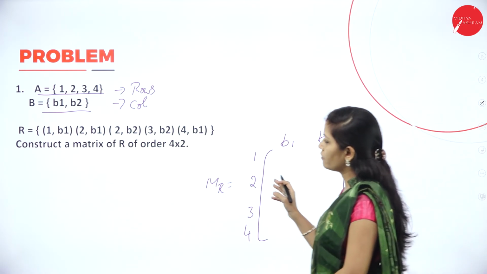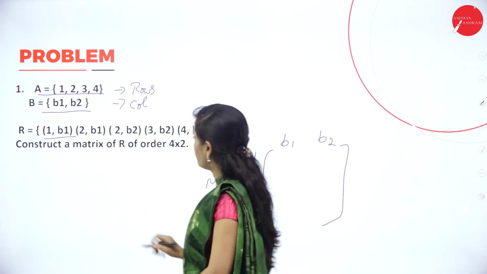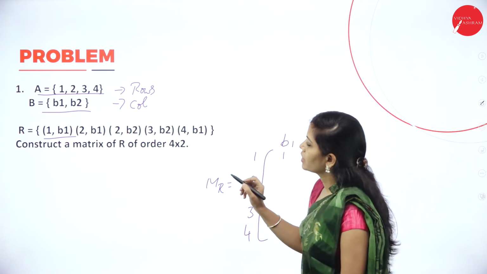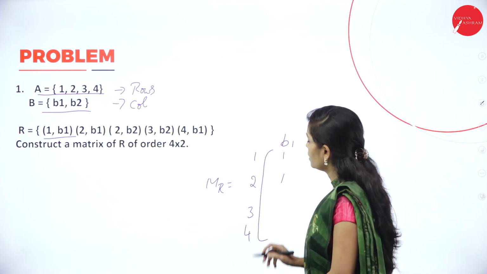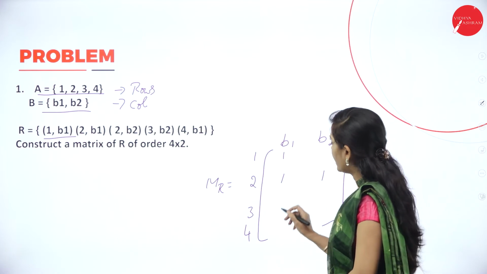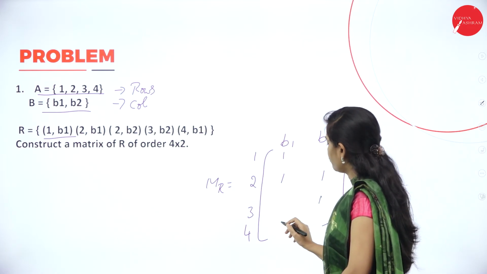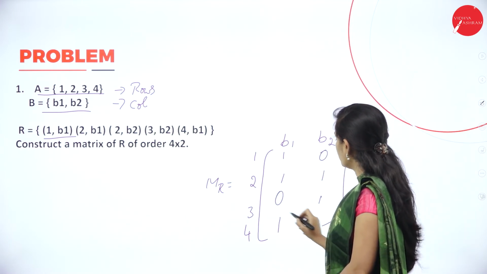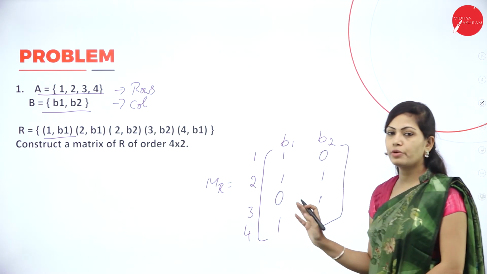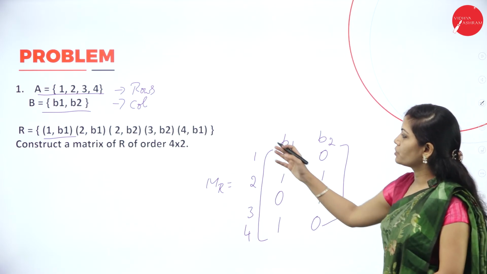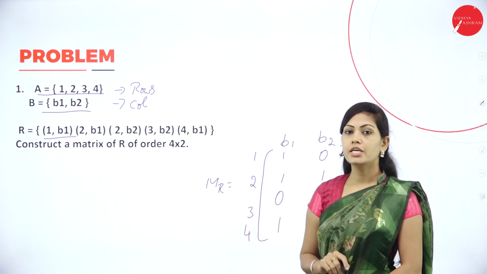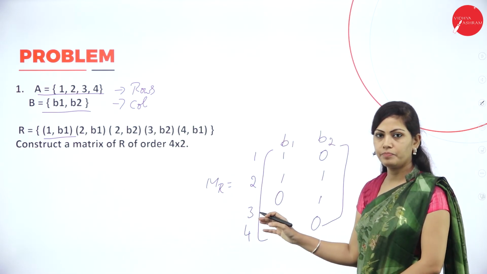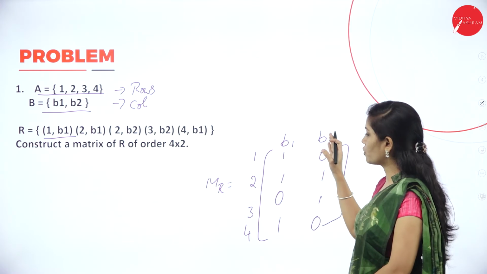From (1, B1) you put 1, (2, B1) is 1, (2, B2) is also 1, (3, B2) is 1 and (4, B1) is 1, and the remaining entries are 0. So this is your matrix representation using the number of rows and columns. Using two sets we can represent a matrix like this.